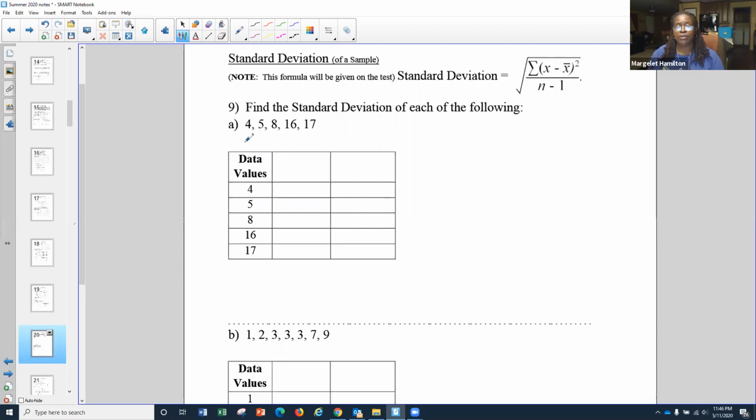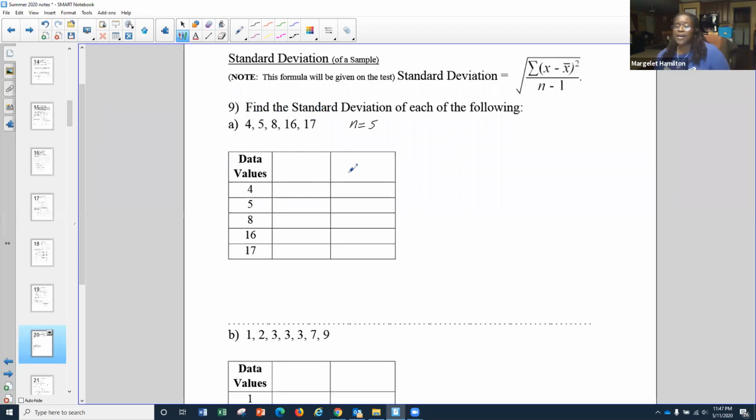Let's try it out. Here's the raw data that they're giving us. We know that we need our n. Let's find our n first. So our n equals, we know how to do that now, counting the raw data. So 1, 2, 3, 4, 5. So our n equals 5.